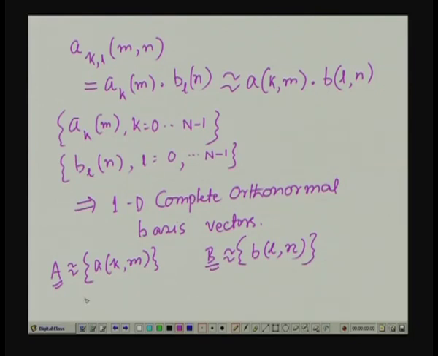And we have said that if they are unitary matrices, then A conjugate transpose equals A transpose A conjugate, which should be equal to the identity matrix.